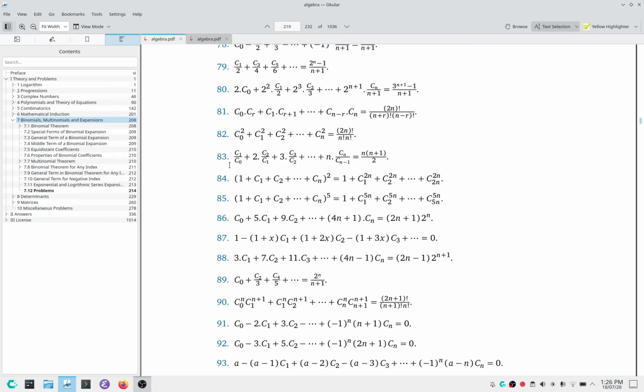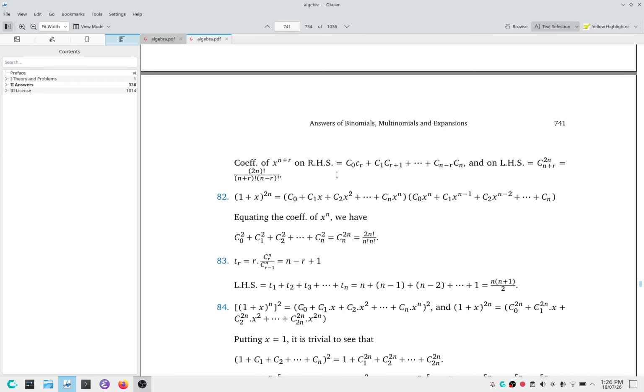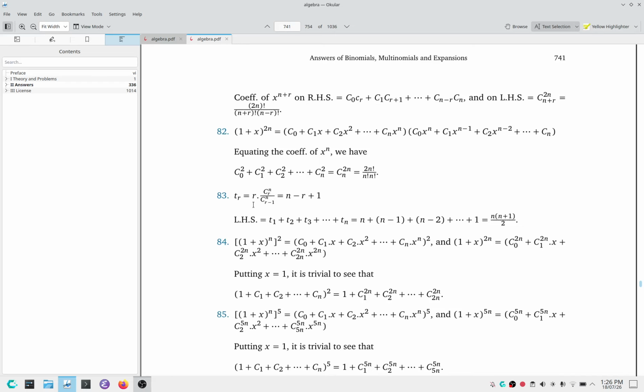Question 83 says that we have to prove that C1 upon C0 plus 2 times C2 upon C1 plus 3 times C3 upon C2 and so on up to n times Cn upon C(n-1) is equal to n times (n+1) by 2. So here the rth term is r times nCr upon nC(r-1), that is n minus r plus 1.